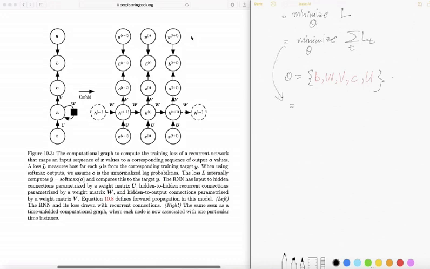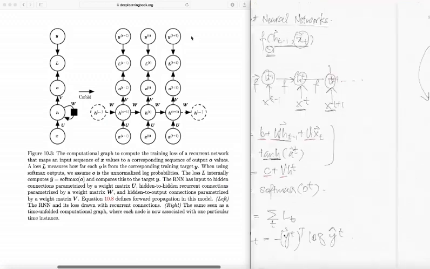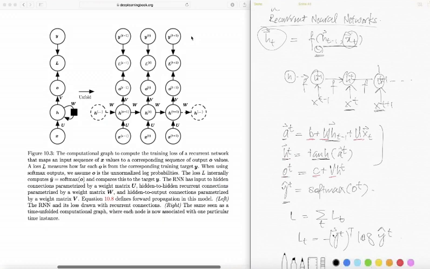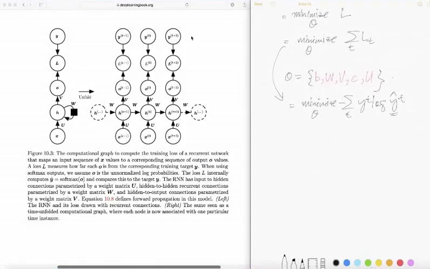If you just expand L, you can write it in terms of yt and y hat t, and y hat t is dependent upon all of these V, C, W, U, V. So y hat is basically a function of theta. When you write it out, you will see that this L_t function depends on theta.